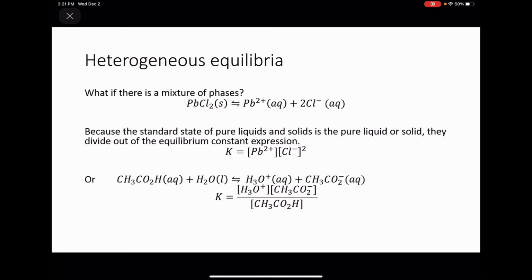We will write the equilibrium constant for this reaction as the concentration of H3O+ times the concentration of the acetate divided by the concentration of the acetic acid. Water divides by the liquid, and it just turns into 1. So basically, we can't affect the equilibrium by adding additional solid or taking solid away, or adding additional liquid or taking the pure liquid away.